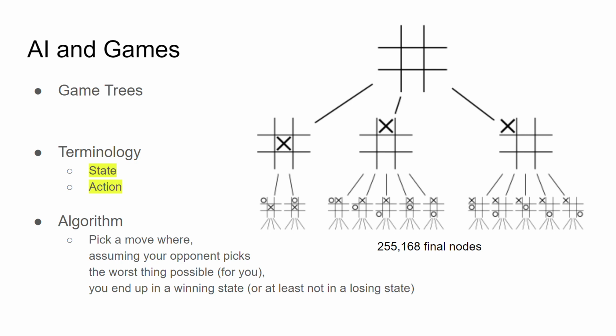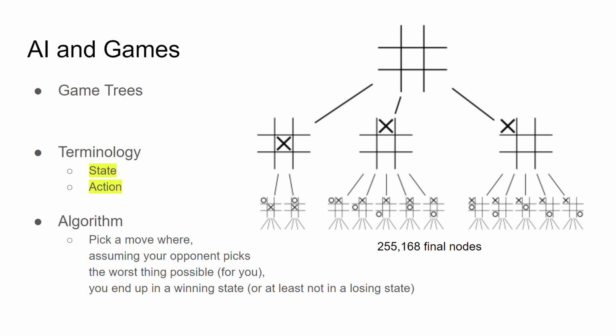You just build out that whole tree and pick the move where, even if your opponent picks the thing that's worst for you, I still win. I go through this tree, see all the different possibilities, and pick the one that lets me force a winning move. Or if there isn't such a thing, I'm at least not losing.